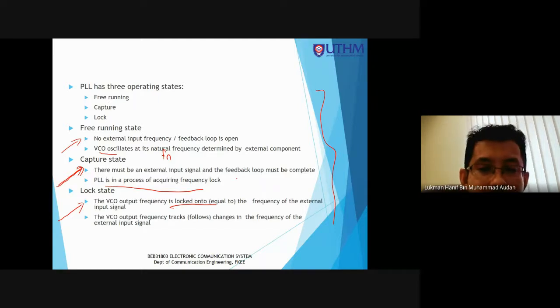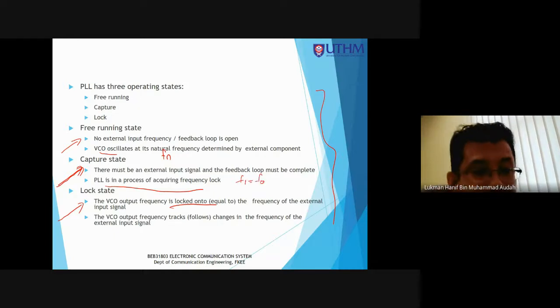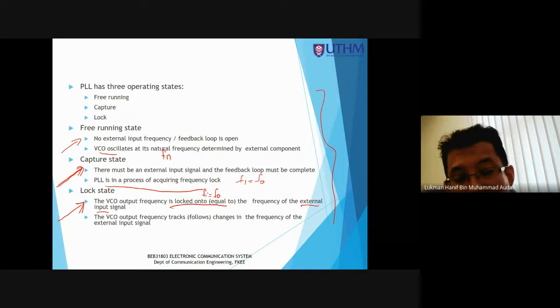So kita nak dapatkan error sama dengan kosong. Maknanya kita nak input equal to F daripada VCO. Lock state when the output frequency of the VCO equal to the input frequency. Okay, external input signal. Bermakna dalam kes ini dia akan lock. Kalau F in equal to F out, barulah dia akan lock to that frequency and it will keep on tracking the changes.